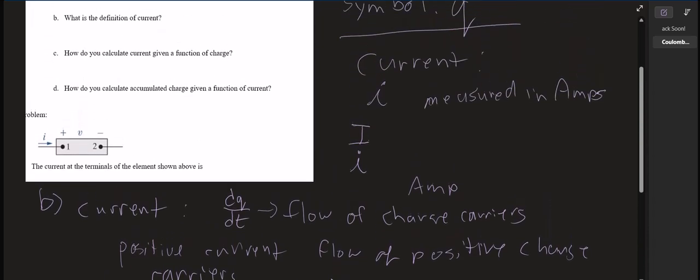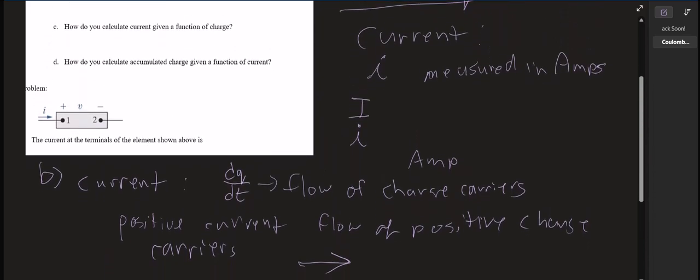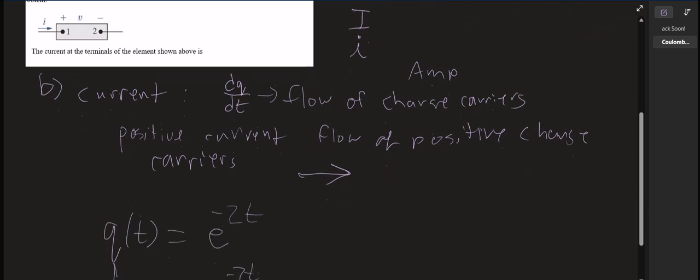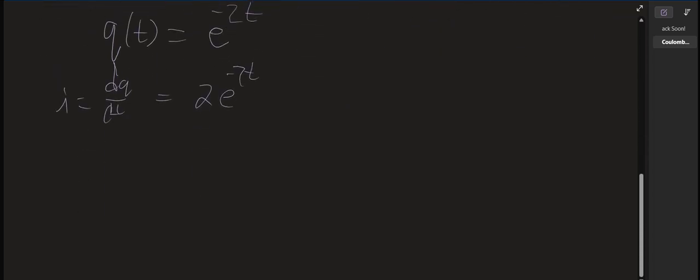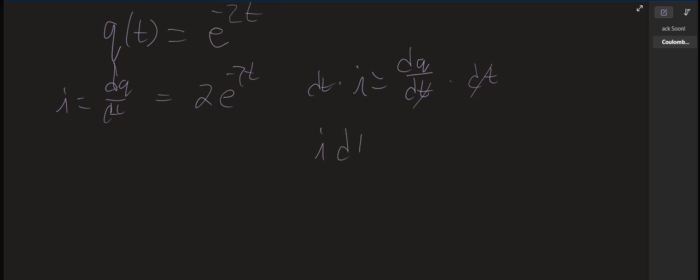How do you calculate accumulated charge given a function of current? So if current is dq/dt, then if you multiply both sides by dt, you get i dt equals dq, and you integrate both sides.